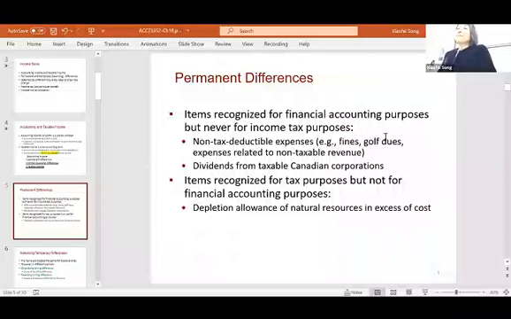Golf dues, hospitality related expenses. I think with the rules, some of them are not deductible at all, because that's basically a personal benefit for the executives. Some are deductible at 50%.